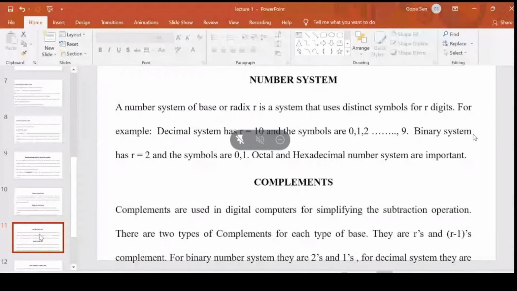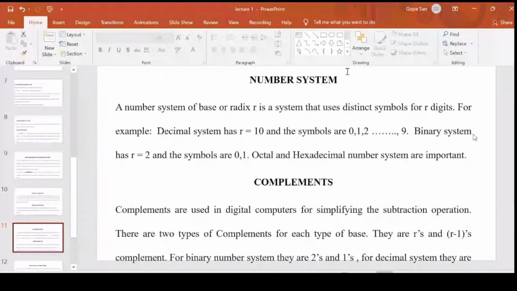The decimal system has R as 10, so 10 different symbols are used: 0, 1, 2, 3 up to 9. Whereas the binary system has R as 2, so it has two different digits, 0 and 1, to represent any number.